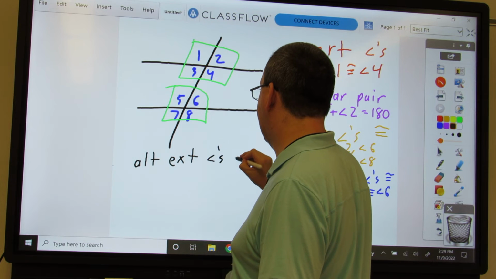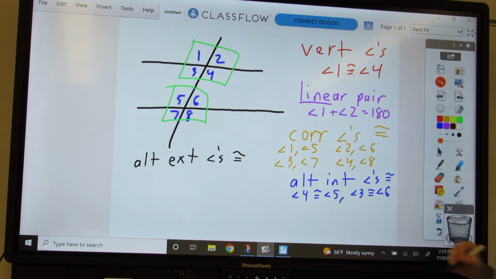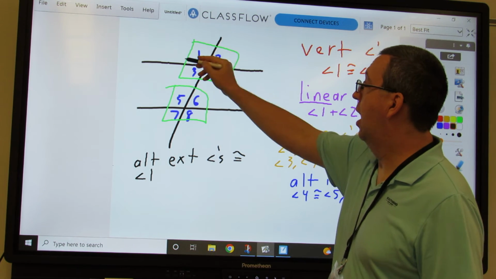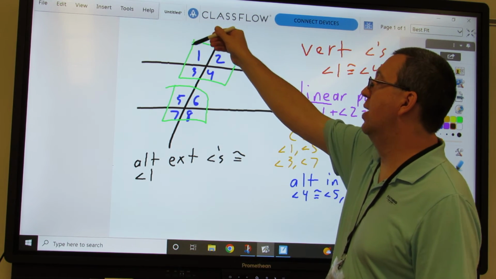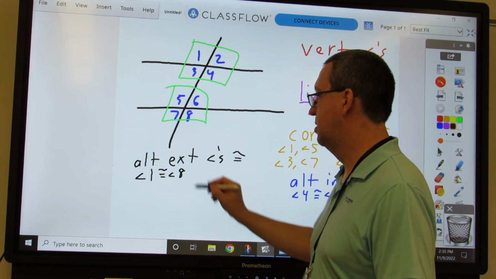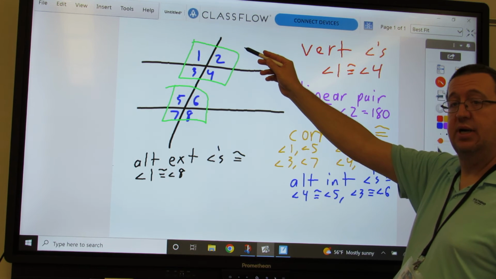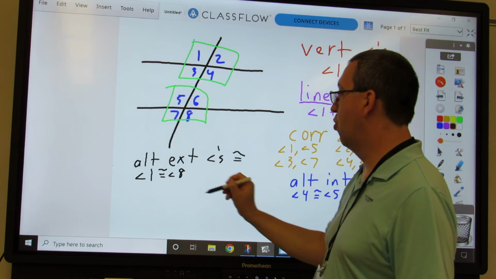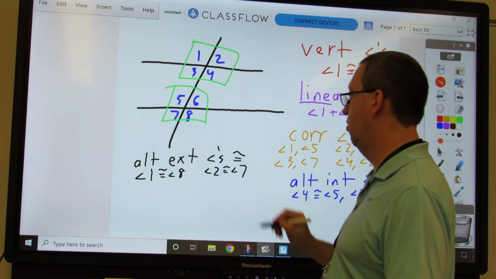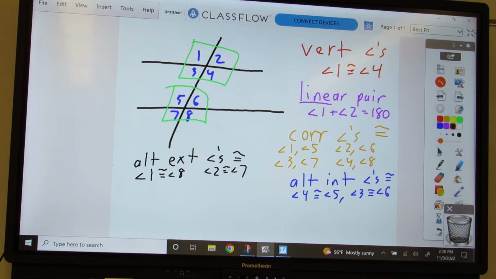Again, alternate exterior angles are congruent. They're the same size. We're doing the same thing with switching, except now we're on the outside. So angle 1, up here, is on the outside. Going across, I would get to angle 8. Angle 2 is on the outside. Going across, I would get to angle 7. So those are my pairs of alternate exterior.